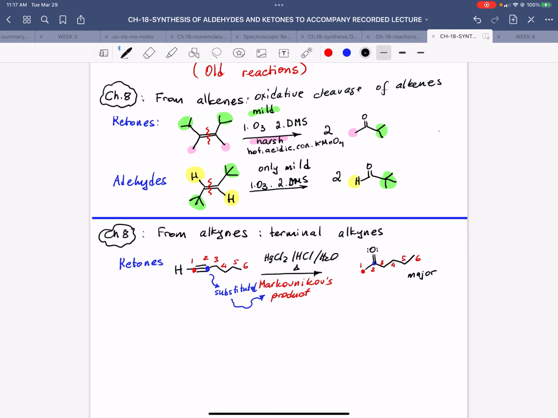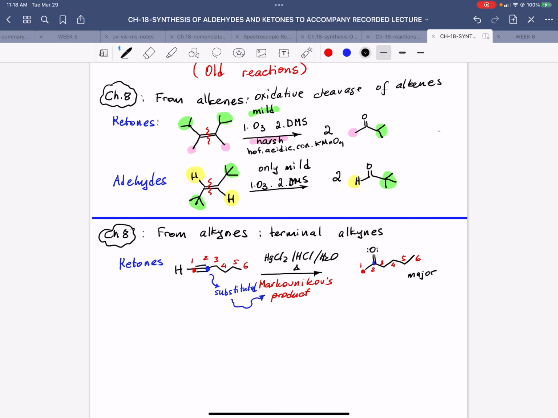Now remember, we're synthesizing the compound, so we want to get as clean of the yield as possible. Okay? If you don't have a terminal alkyne and you want to make a ketone, you have to worry about the substitution type on two sides.